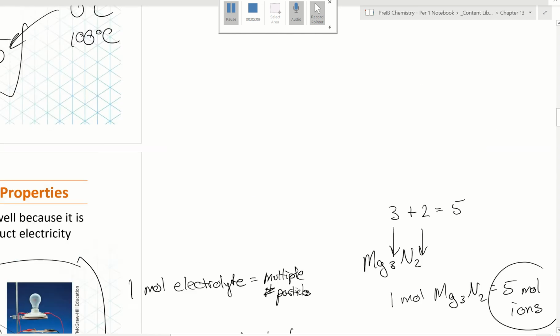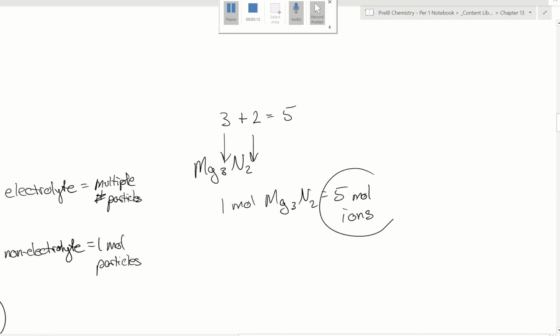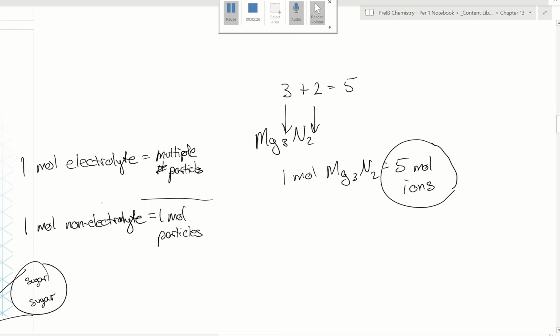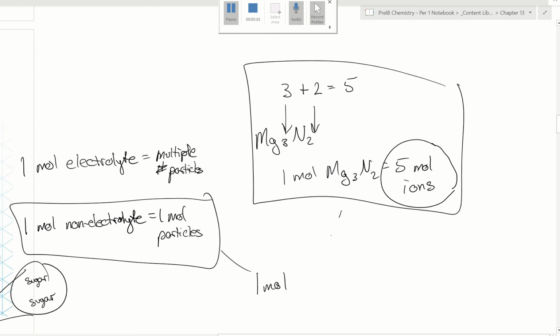That's an important aspect to remember, because colligative properties have to do with the number of particles, not their identity. We don't care if it's an electrolyte or a non-electrolyte, we just want to know the number of particles. So 1 mole of a non-electrolyte gives 1 mole, whereas an electrolyte is typically going to give more than 1 mole.